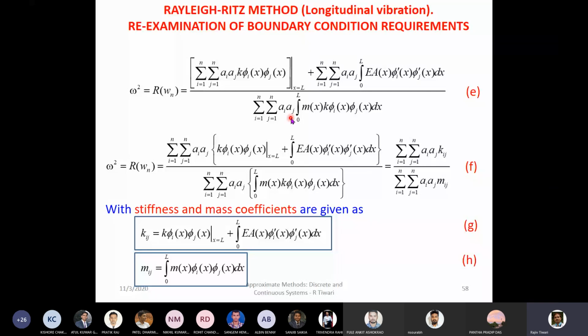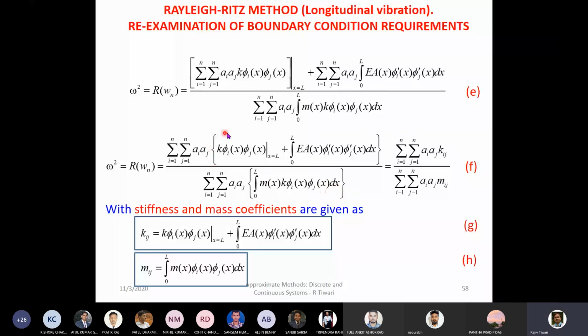Now I'm again clubbing this to the denominator terms, summing up, because this is common for both the terms. So I'm left with k phi i function of x, phi j function of x at x is equal to L, and then this integral. And in the denominator, this I will put just in the bracket.